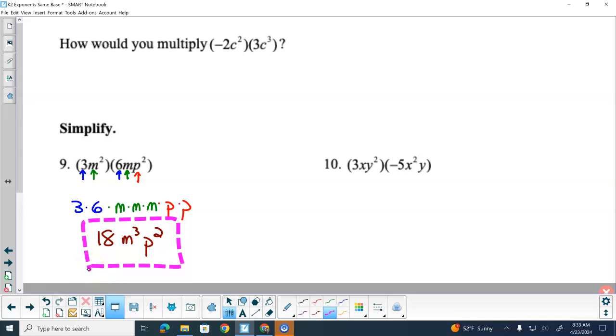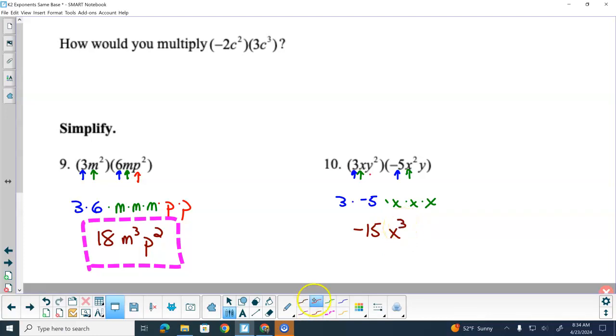I think we can quickly do number 10. Don't you? We got a 3, and we got a negative 5. What is 3 times negative 5? Negative 15. We've got an x, and we've got 2 more x's. So how many x's total do we have? 3, so that's going to be x cubed.